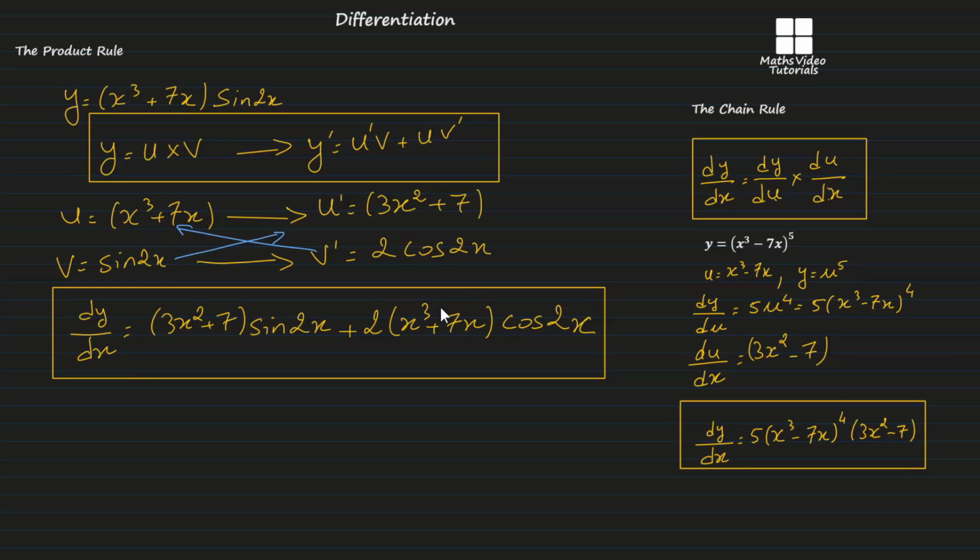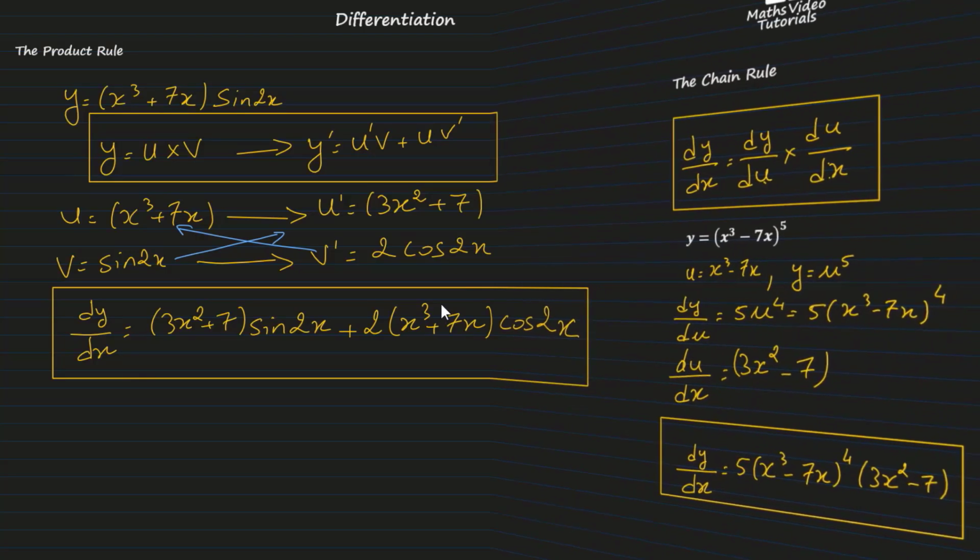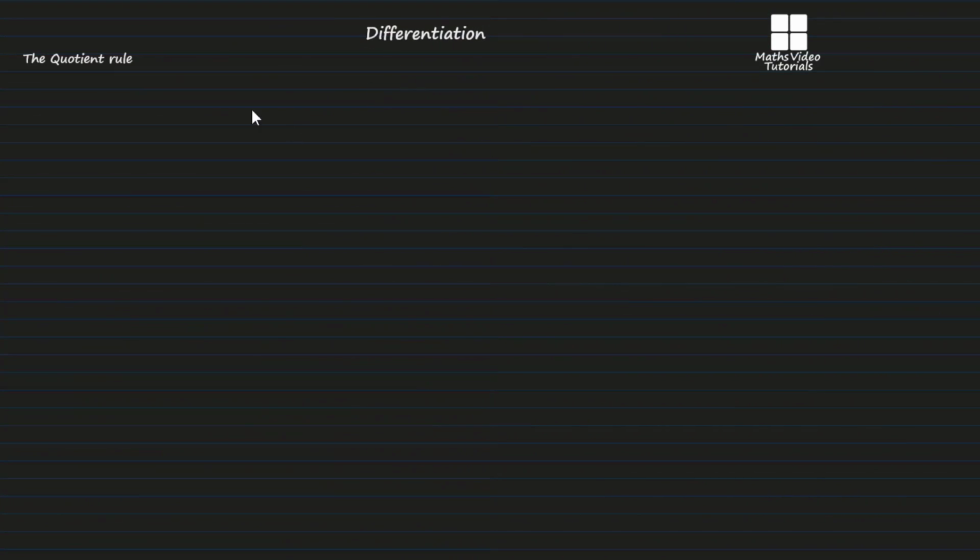Let's have a look now at the quotient rule. Let's say we are dividing two functions, u divided by v. Now u and v are in terms of x.